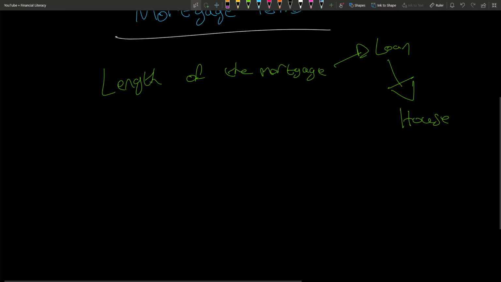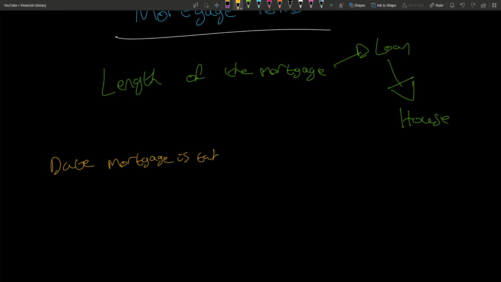So a mortgage term is just the length of it, basically how long you have to pay it off from the date the mortgage is taken to the end date, the repayment date.